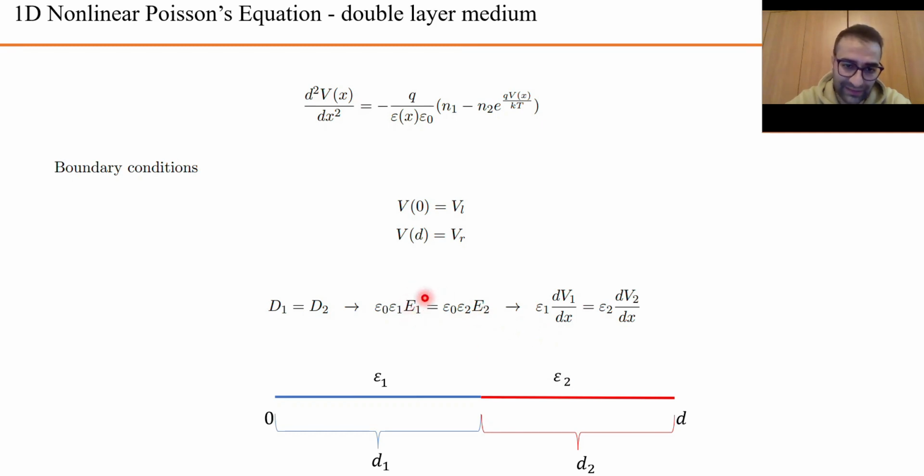We know that the electric field is nothing but the minus derivative of potential with respect to position. Therefore, E1 will be minus dV1 over dx, and E2 will be minus dV2 over dx.